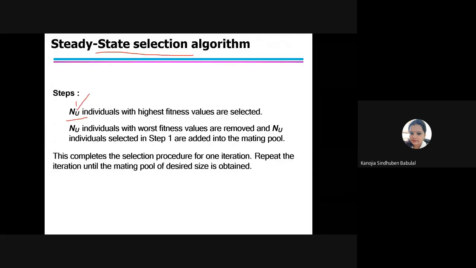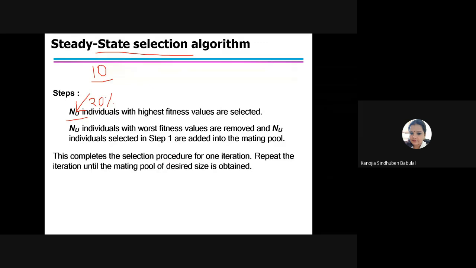Again the same example: suppose I have 10 solutions and the value of NU is 20% or 2. From these 10, I would select only 2 individuals, those having the highest fitness value. So the steady state selection method is simple. According to the NU value decided by the programmer, it selects the NU individuals having the highest fitness score from the population.